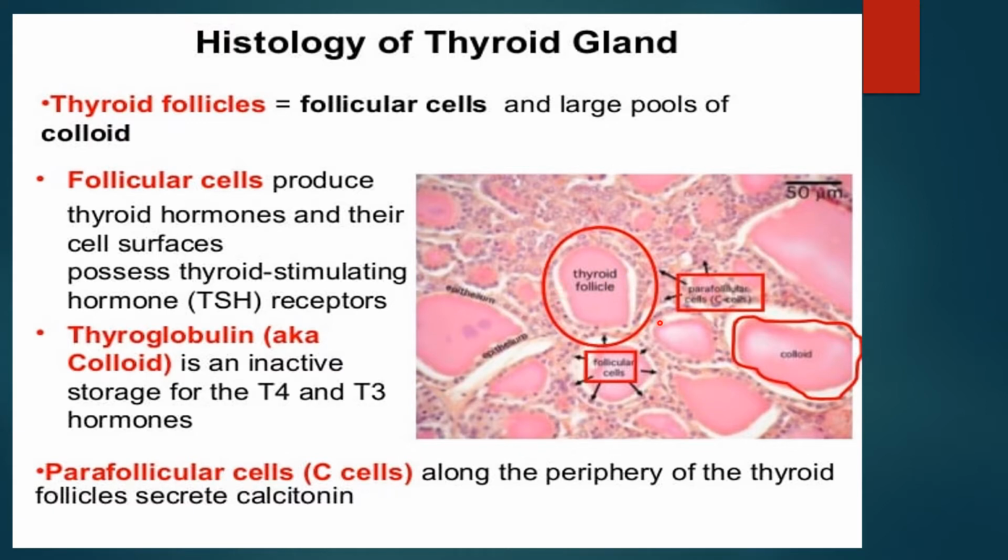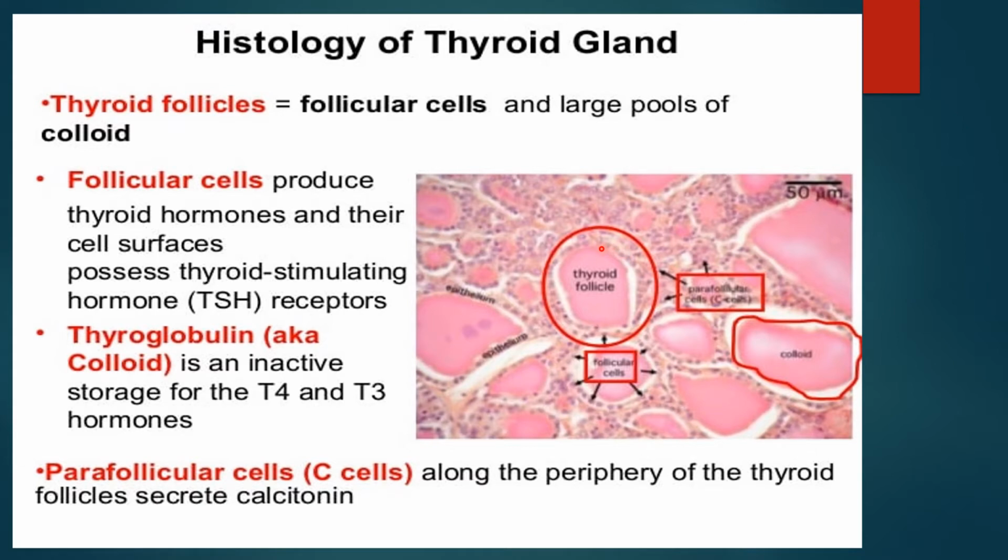The follicle is formed by a lining of cuboidal cells which are the follicular cells. The follicular cells produce thyroxine, that is T4 and T3, which is present in thyroglobulin in an inactive form in this colloid material, and these thyroid follicles have receptors on them which are known as TSH receptors.